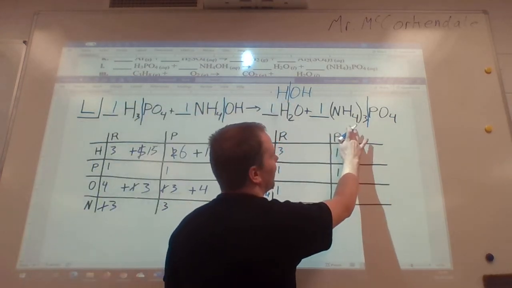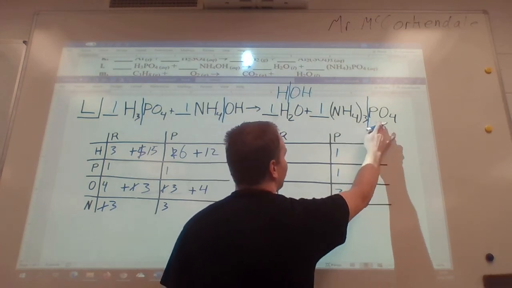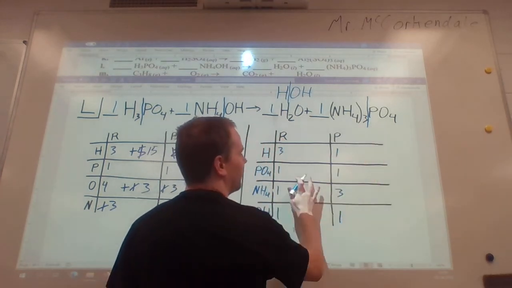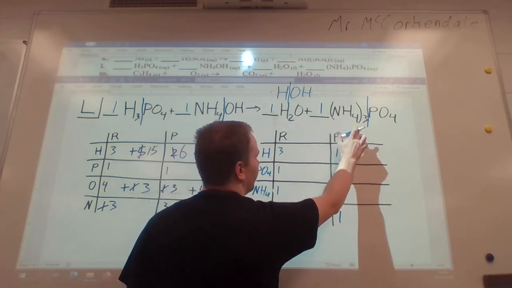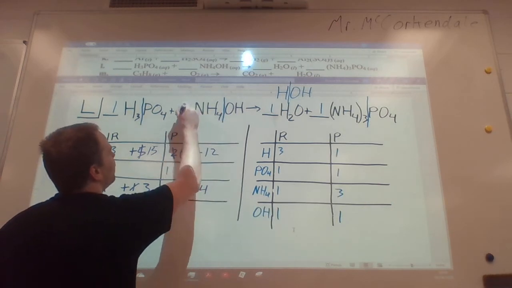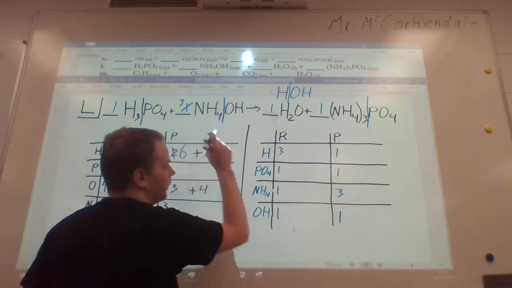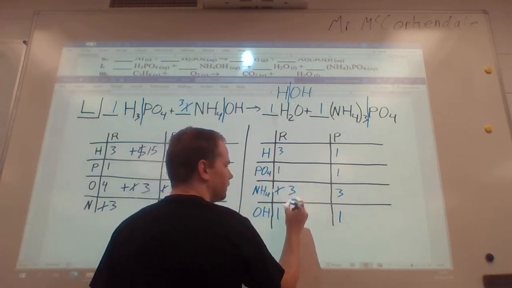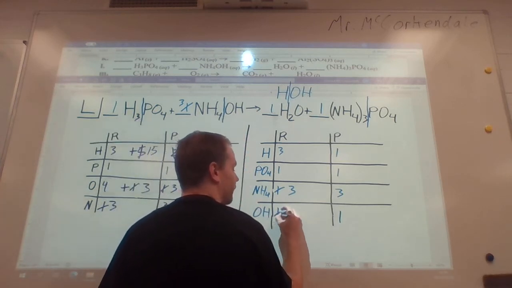This is still our most complicated formula, so we want to balance things against this. Phosphate isn't going to change because it's already balanced, just like it was before. But ammonium, we have 3 over here because of this subscript, but only 1 here. So if we replace this 3 with a 1, that gives us 3 ammonium ions. But it also gives us 3 hydroxide ions.